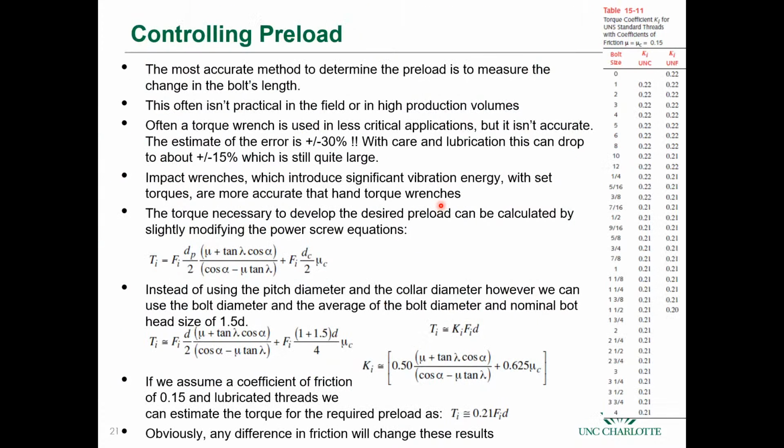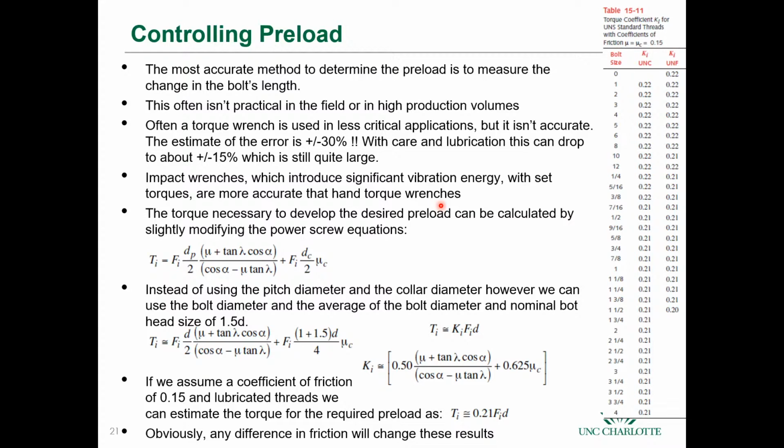Now you might ask yourself, well, okay, that's all good, but how do we accurately get that preload, and how do we get to 75% of the proof strength for fatigue applications, or 90% of the proof strength for static applications? Well, the way you do it is you have to apply the right torque, and the most accurate method is to tighten the bolt until you actually measure the change in the bolt's length.